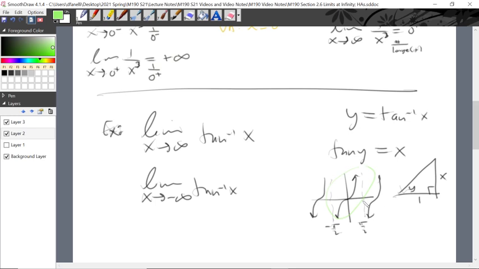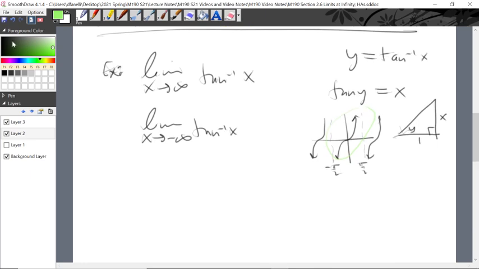But in order to invert it, it has to pass the horizontal line test. So we have to eliminate all the other branches and focus just on this principal branch. So we're going to invert the principal branch in order to build the graph of the arctangent function. So we switch x's and y's with each other, input and output with each other.